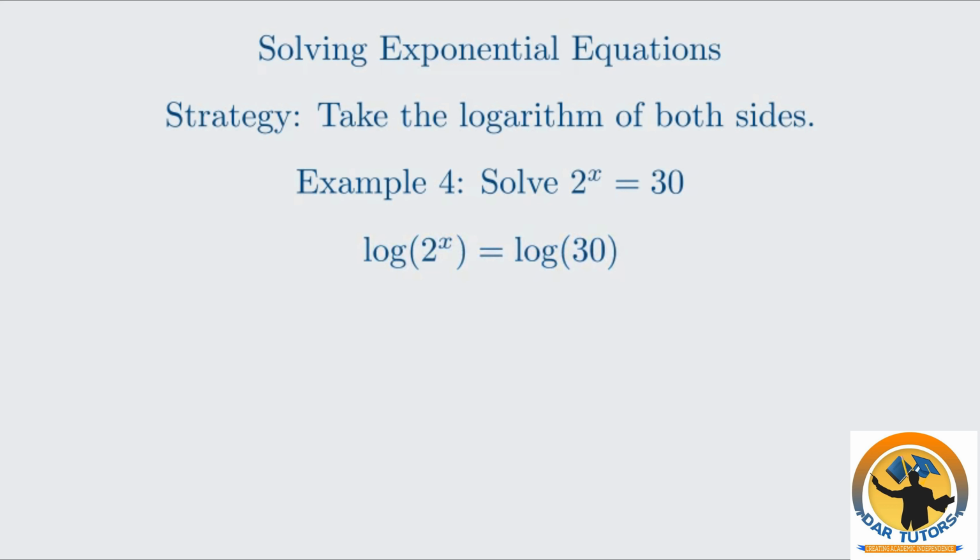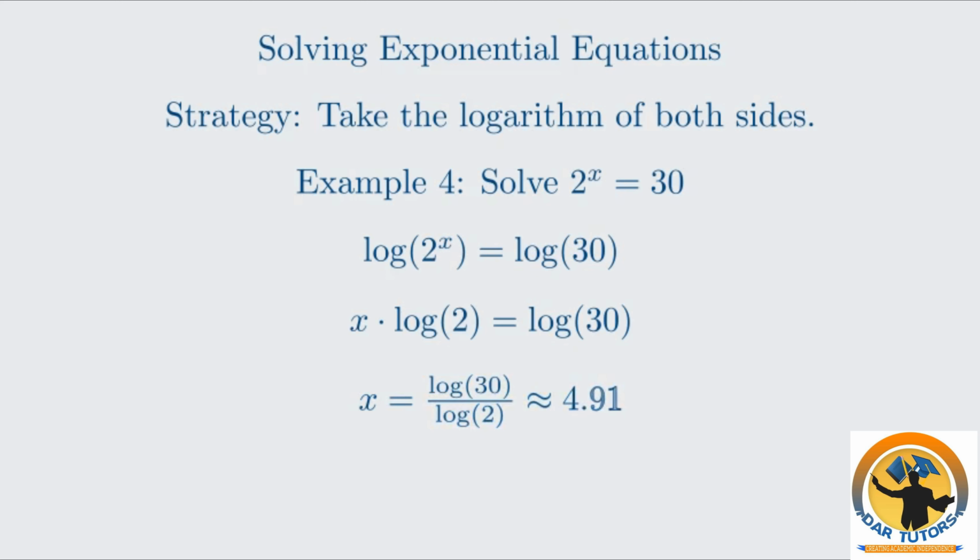Now apply the power law on the left side. The exponent x comes down as a multiplier, so we have x times log 2 equals log 30. Finally, we isolate x by dividing both sides by log 2. This gives us the exact solution. x equals log 30 divided by log 2. Using a calculator, this is approximately 4.91.